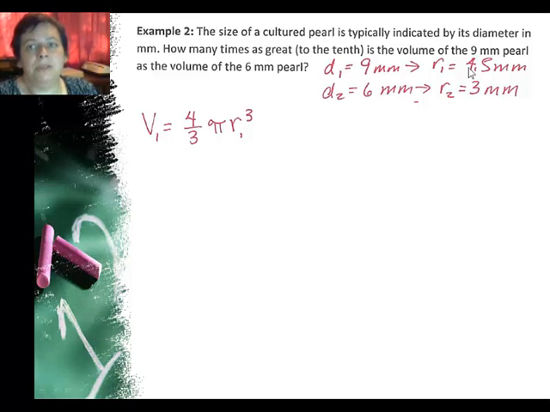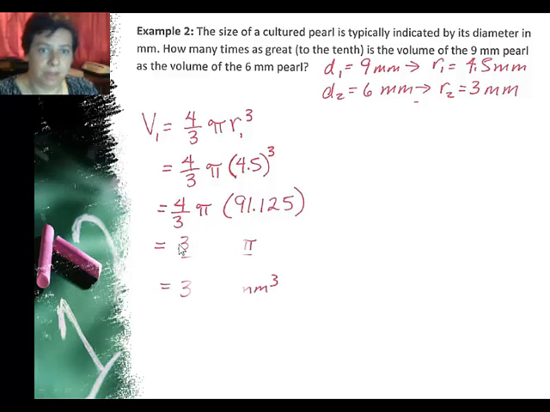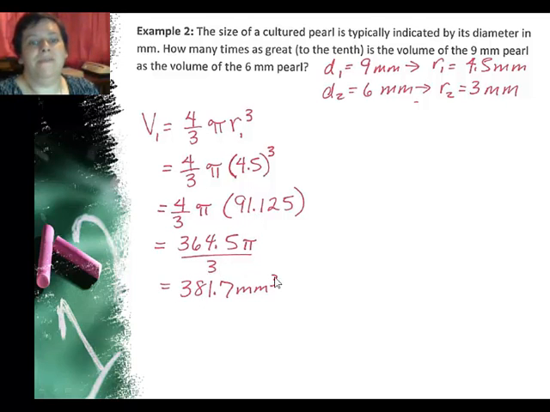Then I'm going to substitute in this 4.5 millimeters and cube it. Using my calculator, this is what I get. So far, I actually still have an exact answer. Then I get this part here, multiplying the 4 times the 91 and 125 thousandths. And then finally I get 381, and I rounded. So I just rounded to the 10th here.